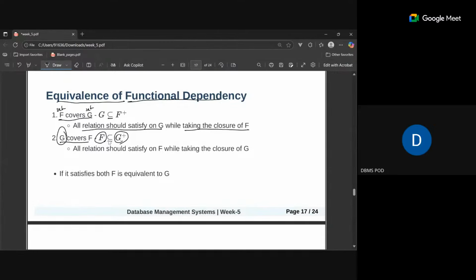Not in terms of the functional dependency set, but in terms of the dependency conditions that it satisfies, so that it determines indirectly also if you take a closure. That is what it means. And all relations will satisfy F while taking the closure of G. If both conditions are satisfied, we can say F is equivalent.